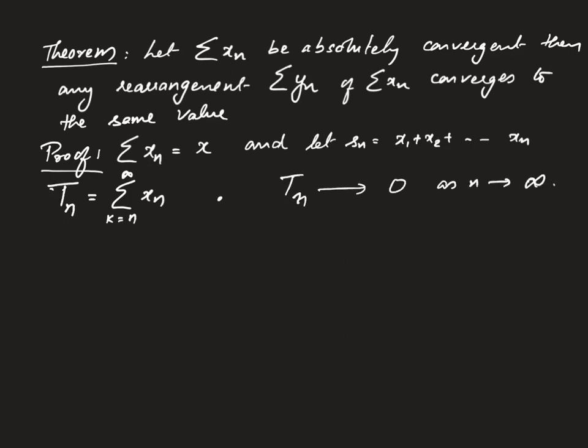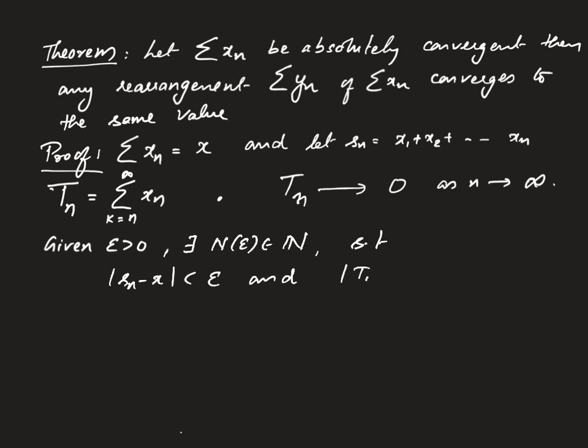Because of these two facts, that is Sn converges to x and Tn converges to 0, given any epsilon greater than 0, there exists a natural number N of epsilon such that mod of Sn minus x is less than epsilon and mod of Tn minus 0 is less than epsilon for all n greater than N of epsilon. We can find an N of epsilon such that both these inequalities are satisfied. That's what we are saying.